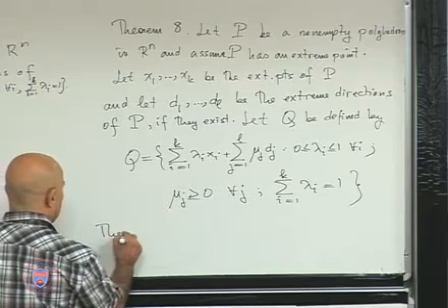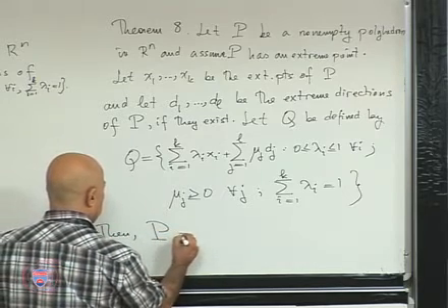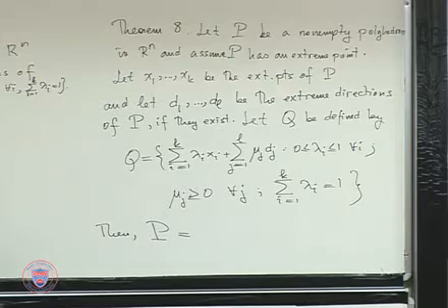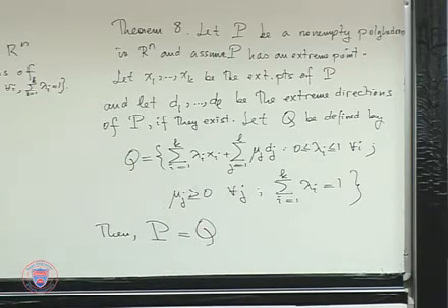And the claim of the theorem is the polyhedral set is the same as Q. Okay? Whatever the polyhedral set. The polyhedral set is initially defined by a bunch of linear inequalities and possibly equalities.